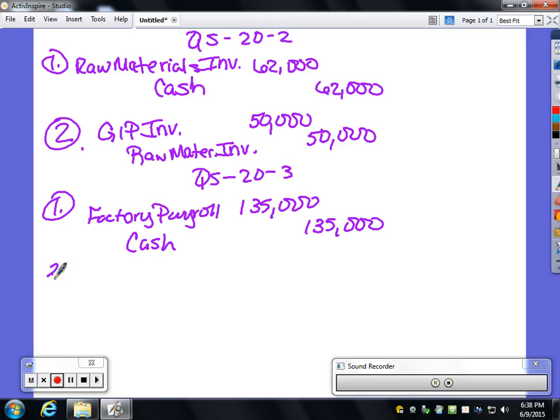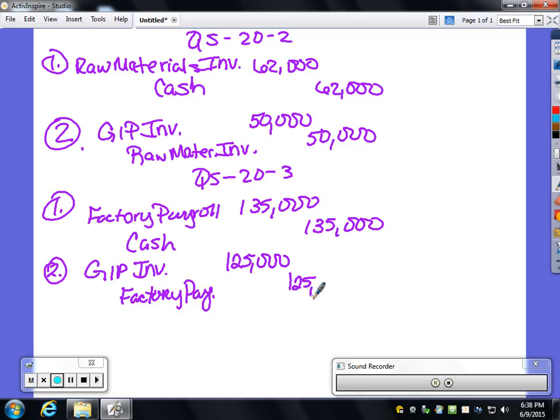Debit to goods in process, and credit to factory payroll. How much? 125,000. Good.